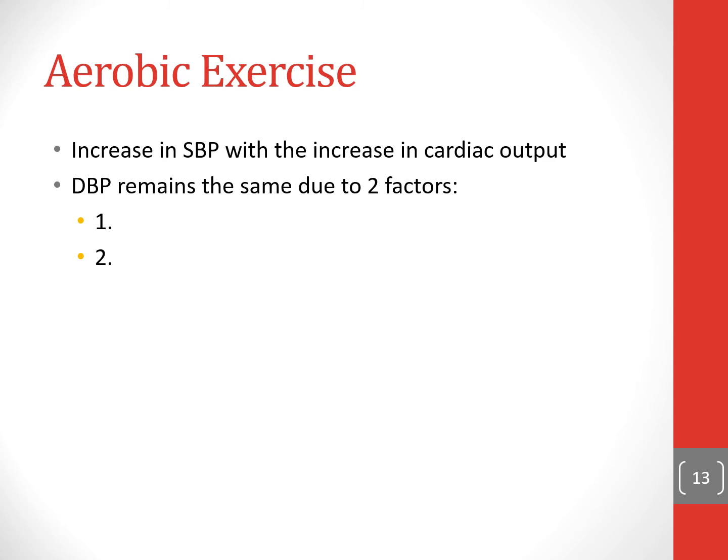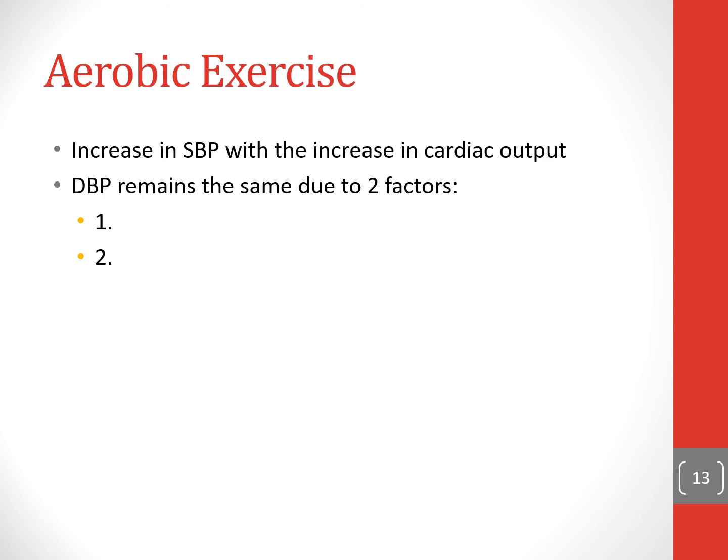Are you really working hard and really going for it and really pushing yourself? If so, we might see systolic blood pressure of 190 or something along those lines. So systolic blood pressure will increase linearly compared to that increase associated with cardiac output and exercise intensity.